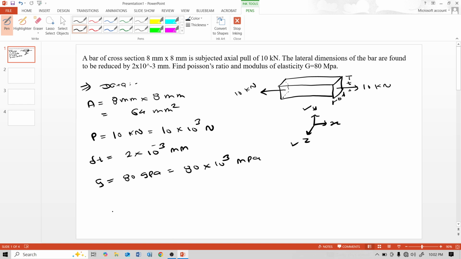And to find Poisson's ratio and modulus of elasticity. For finding Poisson's ratio, first we find lateral strain.